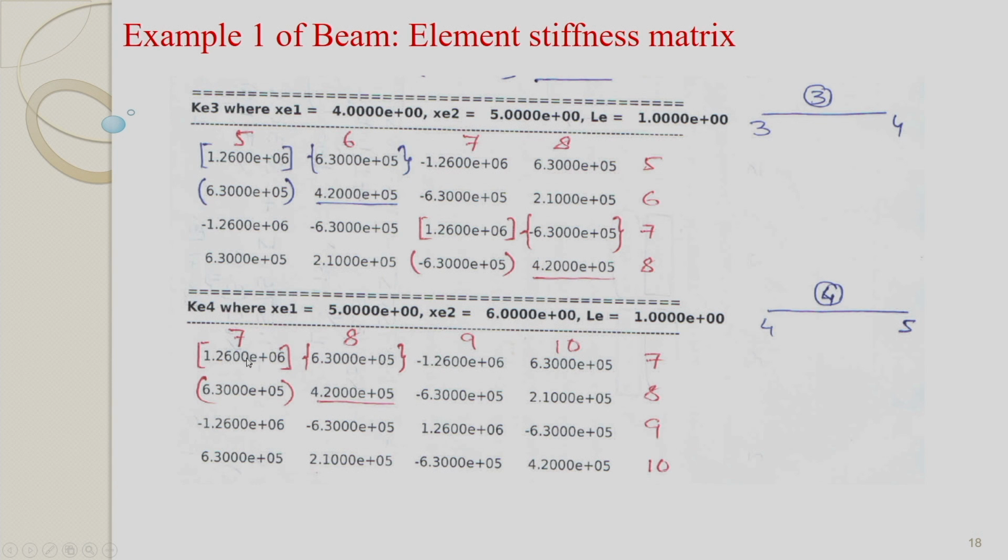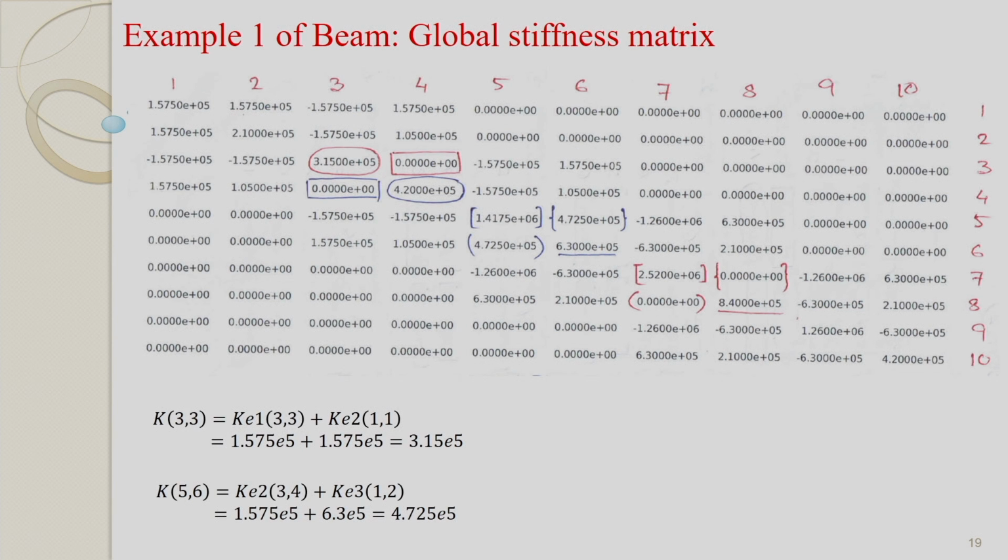So, these two will be added, and if you see the global stiffness matrix, that 7 comma 7 is the addition of those two terms.